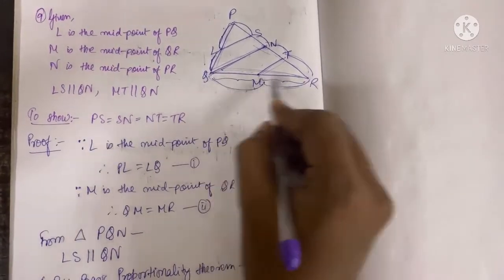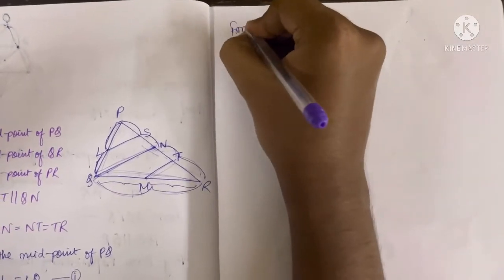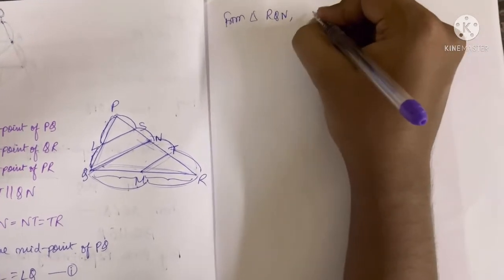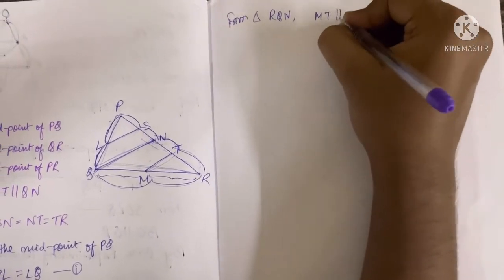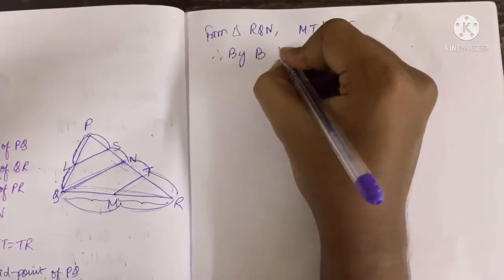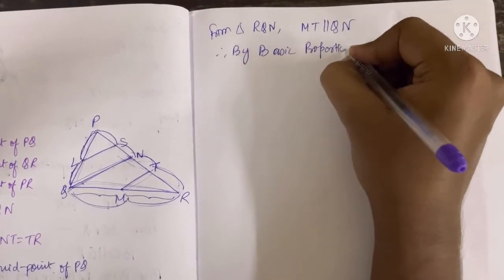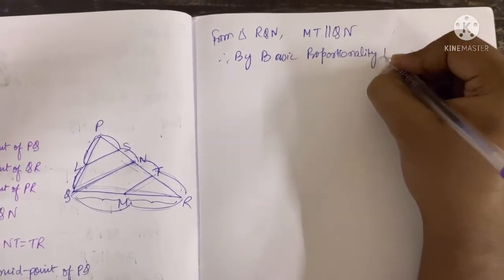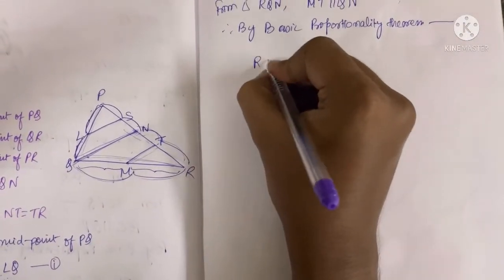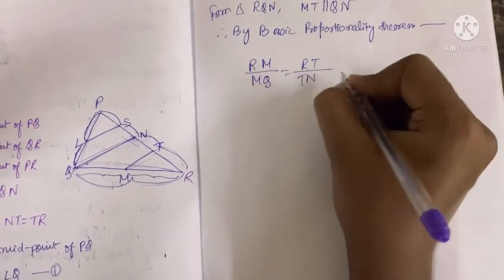This is what we are going to write here: that from triangle RQN, MT is parallel to QN. Therefore, by the basic proportionality theorem, we will get from here RM by MQ is equal to RT by TN.